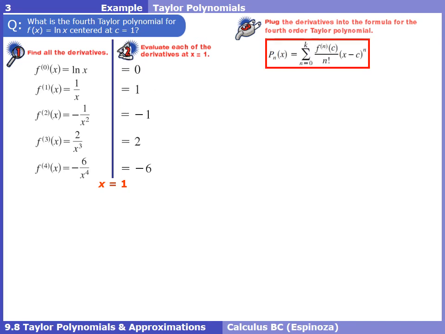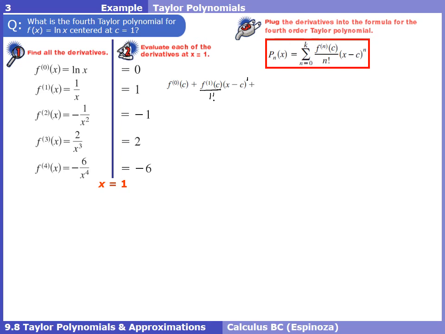So I would start with just writing out the Taylor polynomial machine, this machine that generates a Taylor polynomial, up to the 4th degree. The very first term, if you remember from the last slide, will just be the 0th derivative at c. The next term will be the first derivative at c times x minus c. Don't write this in, but remember this is really over 1 factorial to the first power.